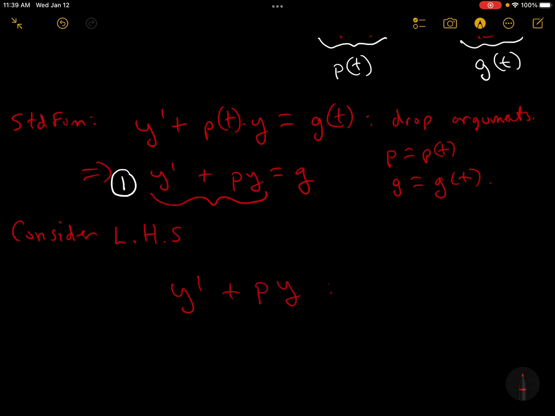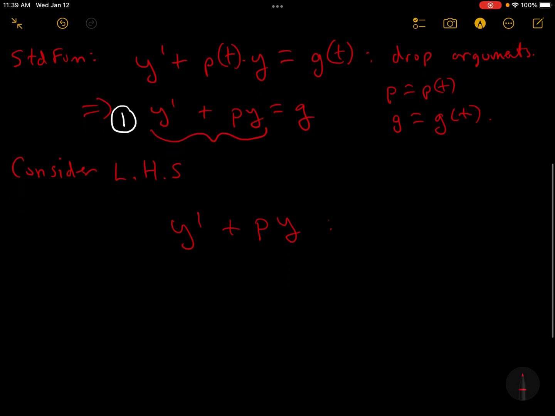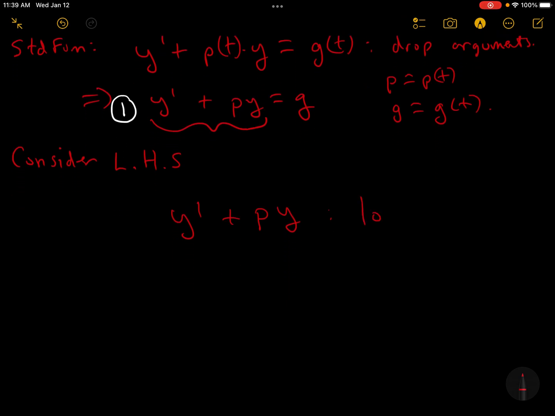This is how Leibniz thought, not me. This looks sort of like the product rule from Calc 1.